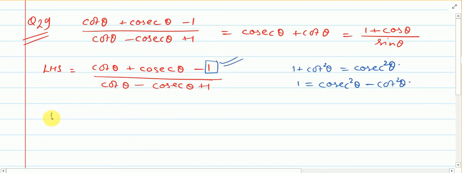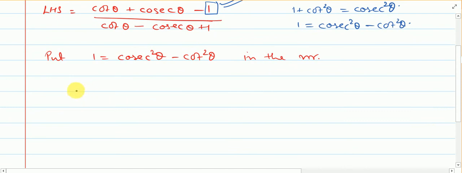I'll write, put 1 equal to cosec square theta minus cot square theta in the numerator.